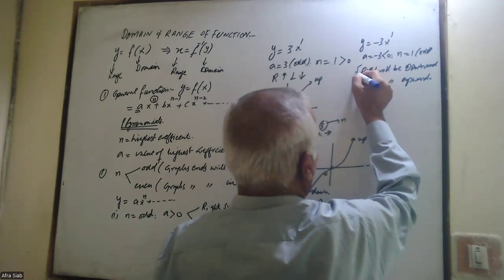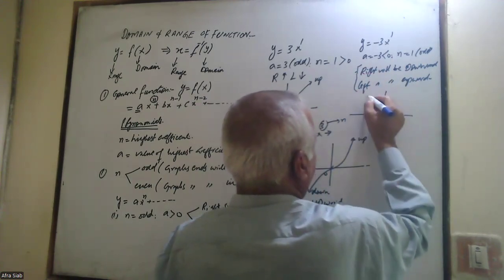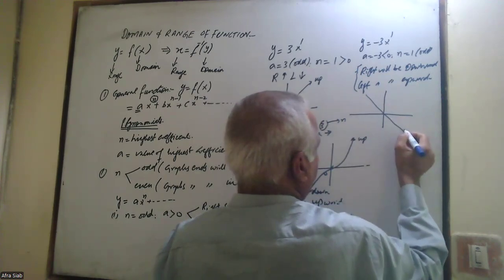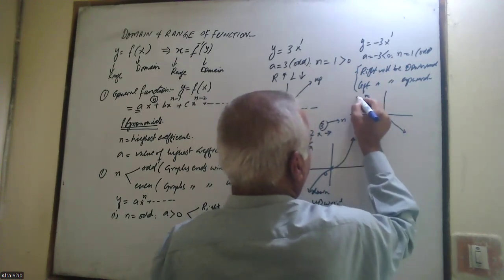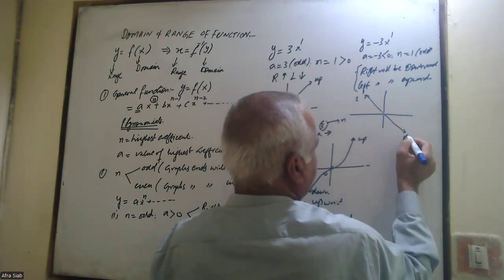So keeping this in view, this is the graph of this portion. You have seen it clearly that the left side is upward and the right side is downward.